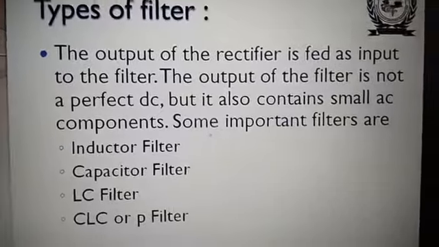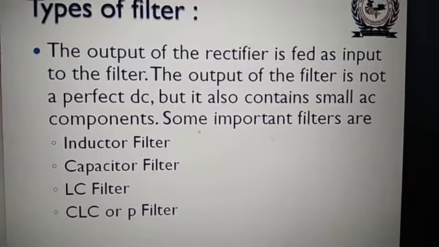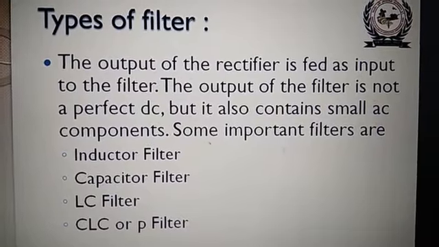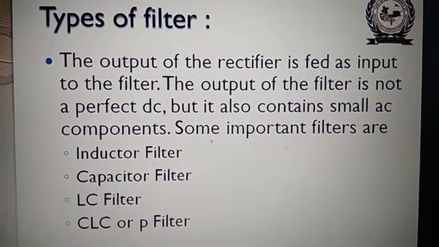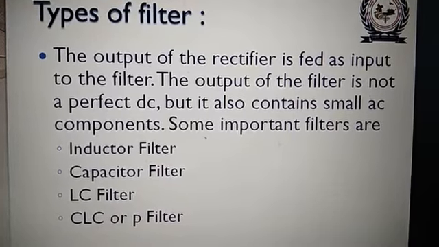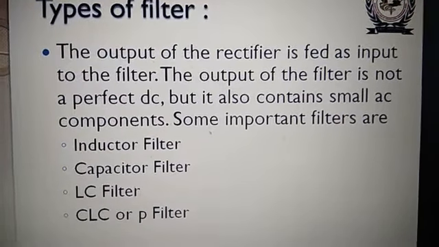So this is the diagram showing the capacitor filter. The output of the rectifier is fed as an input to the filter. The output of the filter is not a perfect DC, but it also contains small AC components, which I have already told you.